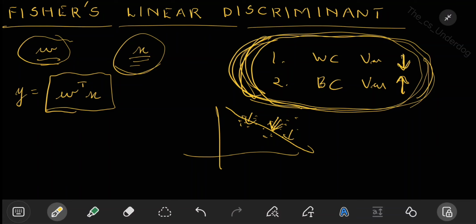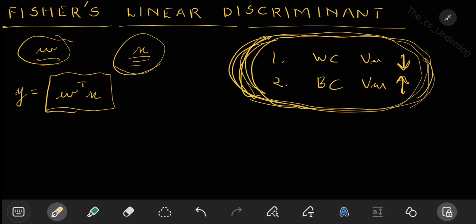So our next task is to find whatever we found previously, now with respect to the projection. For example, we found the mean for one particular class and the other class. This time you want to find the mean for the projection.